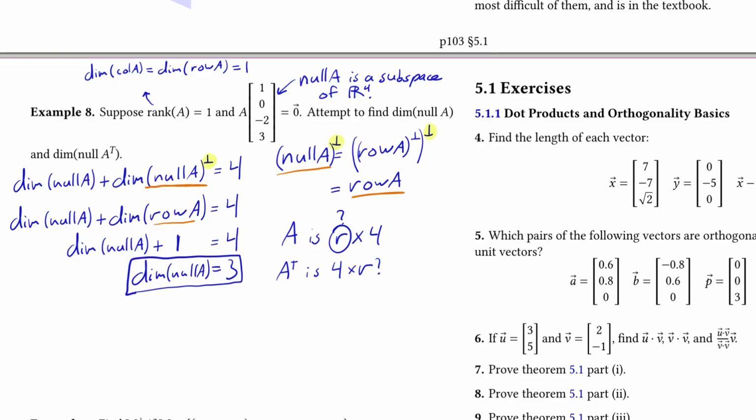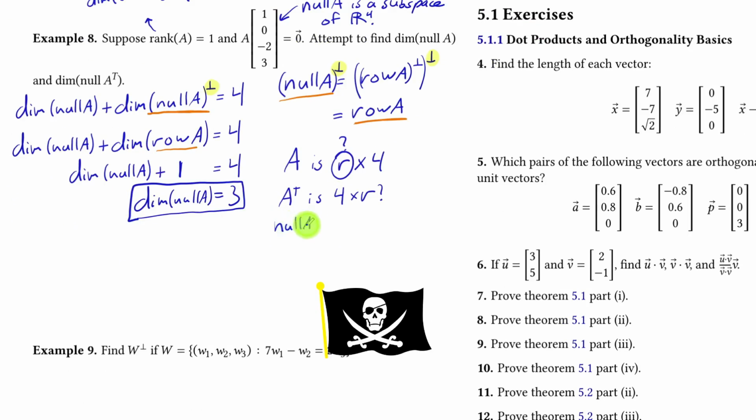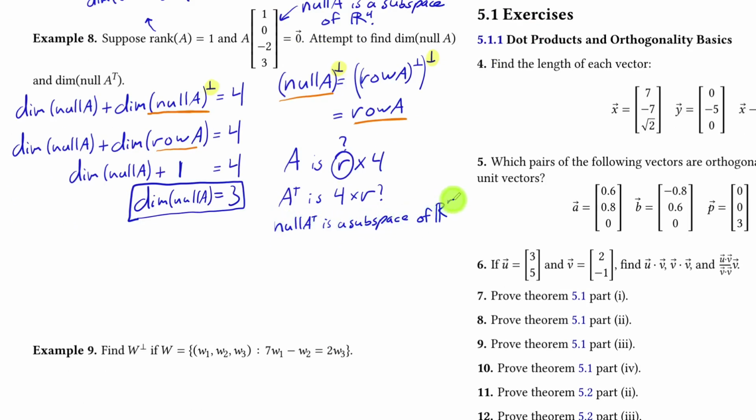And so the null space of A transpose is going to be a subspace of R^R, the reals to the power R, because vectors in this need to be vectors that you can multiply the entries in these vectors by the columns of A transpose for that to make sense.